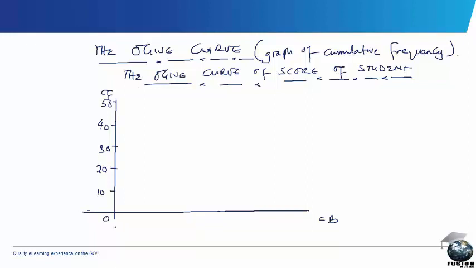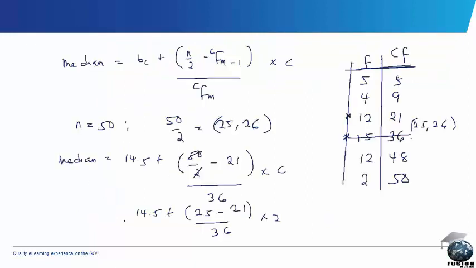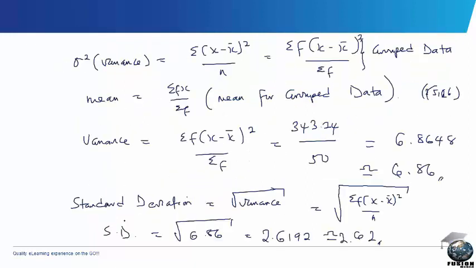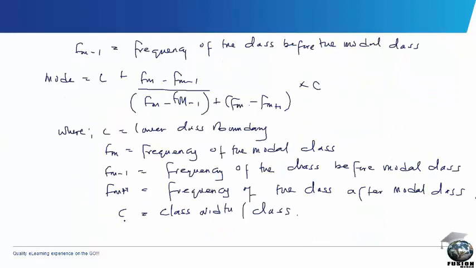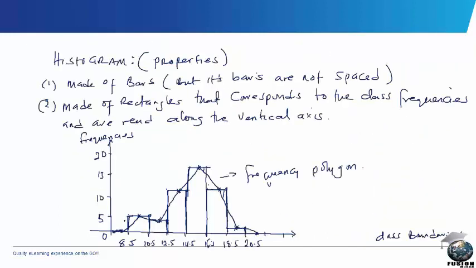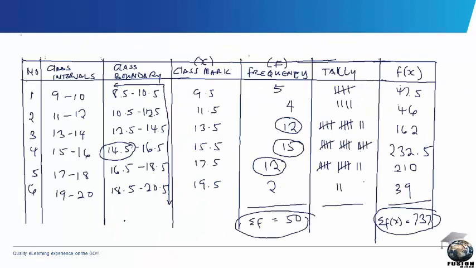Now look at how I place my class boundary, unlike the way I did for the histogram. The same thing happens, my method does not change. All I have to do is pick values from the way the arrow goes.